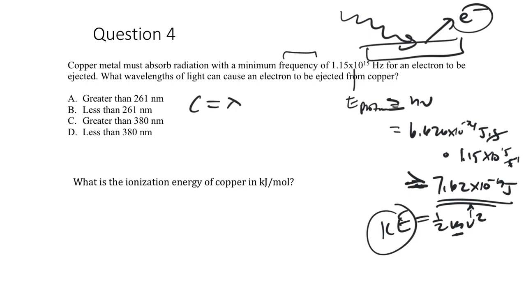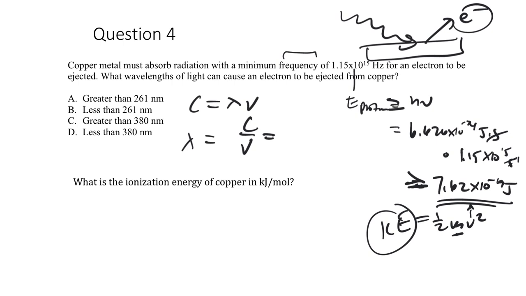Well, c is equal to lambda times nu. And so let's calculate our wavelength associated with this transition, c over nu. I'm just going to do the math without showing it, but 2.998 e to the 8 for the speed of light, divided by 1.15 e to the 15 for the frequency.